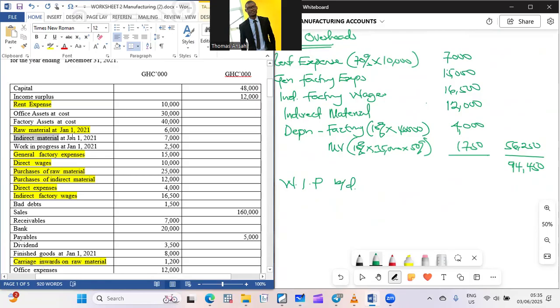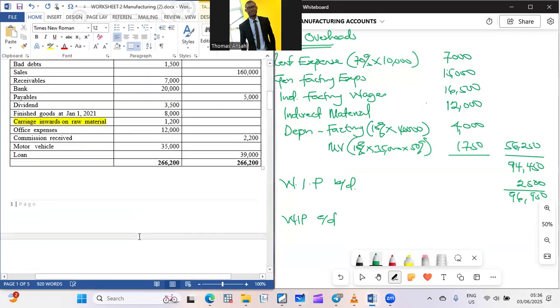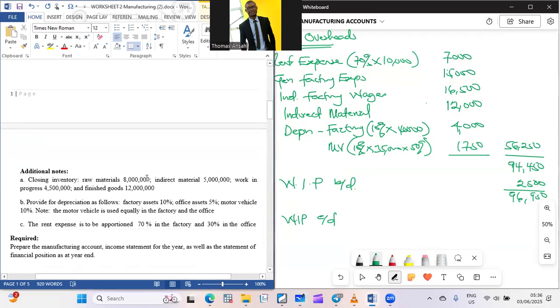So I have used the indirect material in the work in progress at the beginning. That is 2,500. So if I add now, it's 96,950. So WIP at end, carry down. Where can I find it? In the footnotes, right? So this one too is being used.